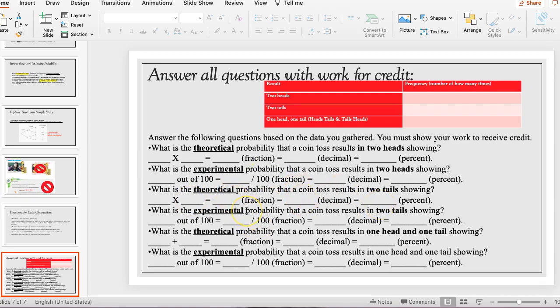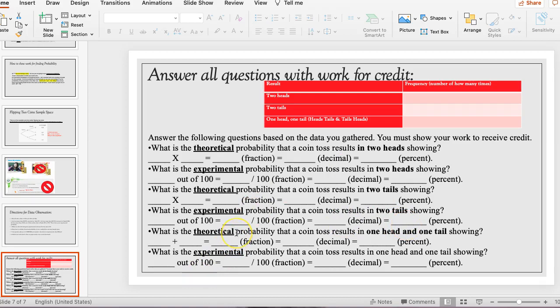Okay, experimental probability that both of them land on tails. So I would need to go back up here to my chart and count and see how many times both coins landed on tails and fill in my blanks as I go across.